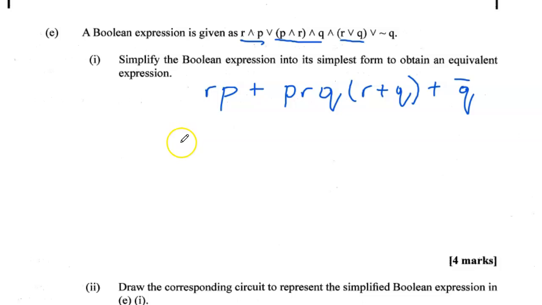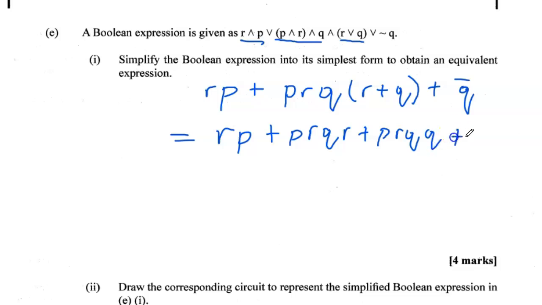So what we could do is expand this bracket. So we have RP, plus PRQ times R, plus PRQ times Q plus not Q.